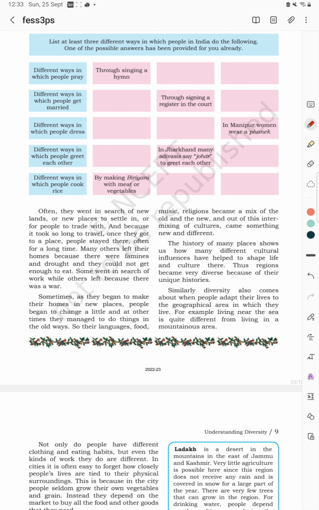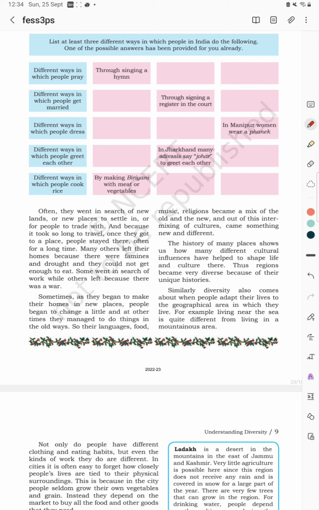It is quite obvious when people move from one place to another and have to stay there for long. People generally began to change a little according to the culture and traditions prevalent at the place of their migration, and sometimes they managed to do things according to their old ways.